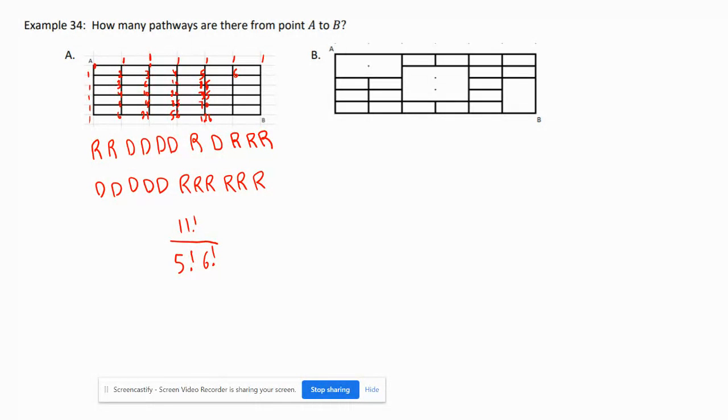We have 6, 21, 56, 126, 252. 1 plus 6 is 7, 28, 84, 210, 462 over here. Now, I'm just going to go on my calculator, guys, to figure out what this answer is over here.